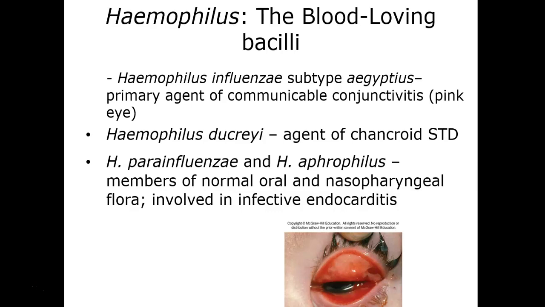You also find lesions produced at the portal of entry. However, the infection is really regionalized to the tropics and subtropics. We also have Haemophilus parainfluenzae and Haemophilus aphrophilus, which are members of the normal flora and are seen in cases of endocarditis with the heart.